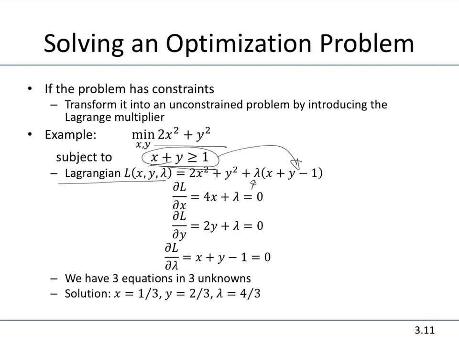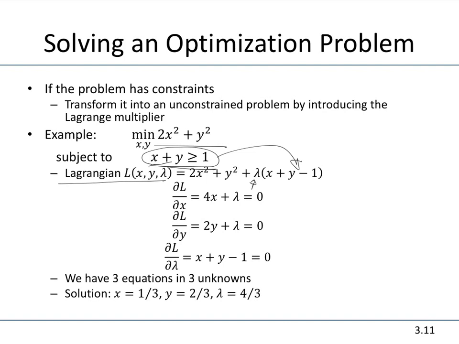So according to certain theory, if the original problem is convex, which means that the objective is convex and all the constraints are also convex, because the constraints are functions. They could be, by the way, non-convex.